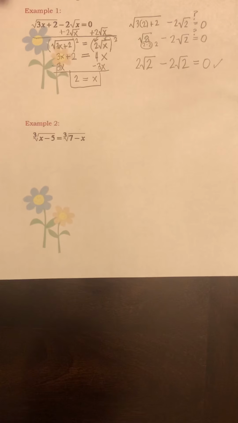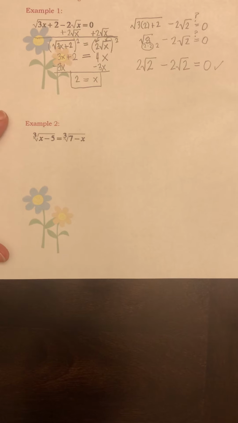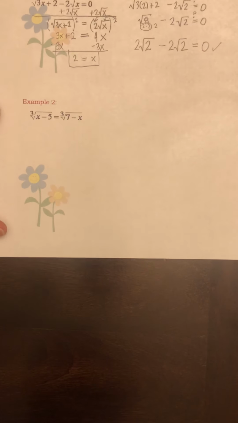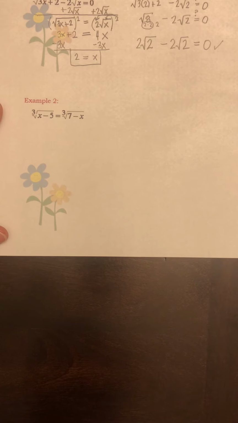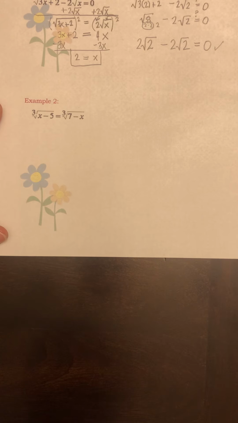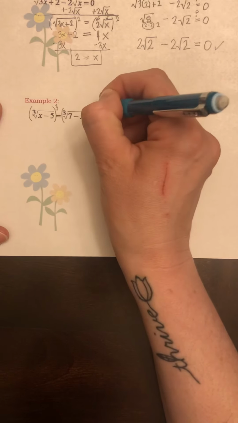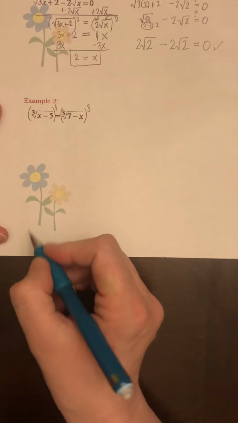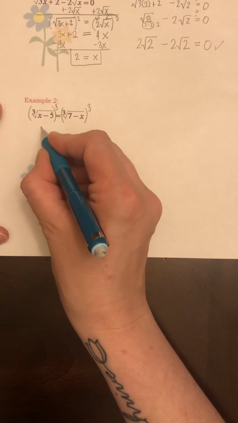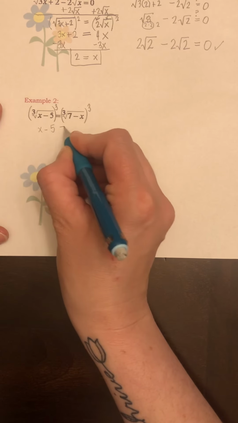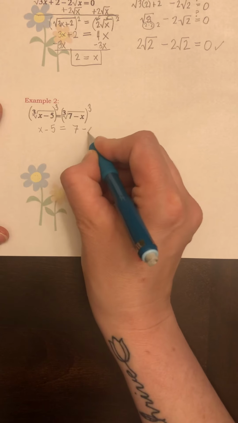All right, next example. The good news is there's already a single radical on both sides, so we don't need to move anything. We can go straight into raising both sides to the third power. Again, I'm doing it to the third power because the index was a 3. It's going to cancel out the radical on each side, so I get x minus 5 equals 7 minus x.